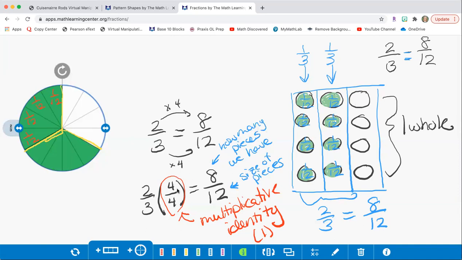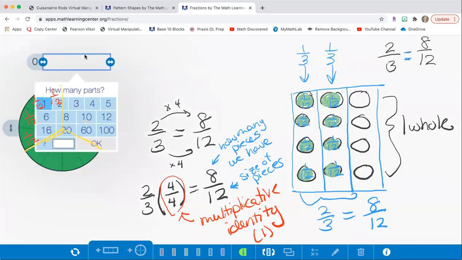So this is why the fractions are equivalent. We haven't changed the quantity, we're multiplying just by 1. We're changing the size of the pieces, and the total number of pieces that we have. We went from 3 total pieces to 12 total pieces when we're talking about equivalence here.